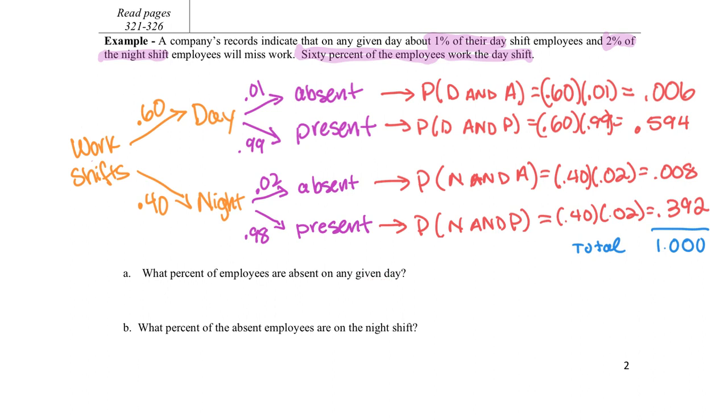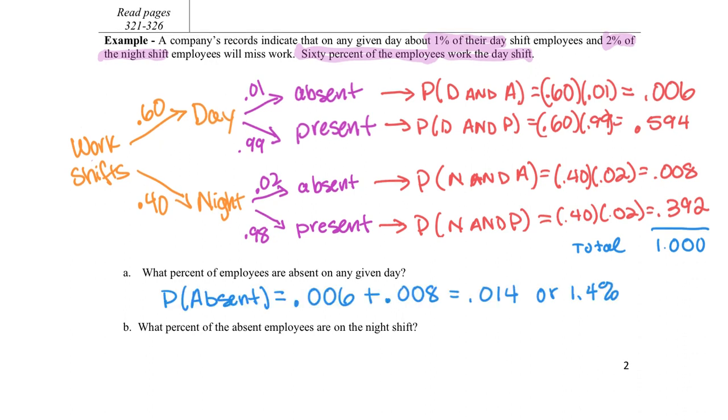Well, the absent employees are here and they're here. So we can see that we add those two absent values together. Probability of absent, 0.006 plus 0.008 gives you 0.014 or 1.4%, which is really quite low. It's closer to 1% than it even is to 2.